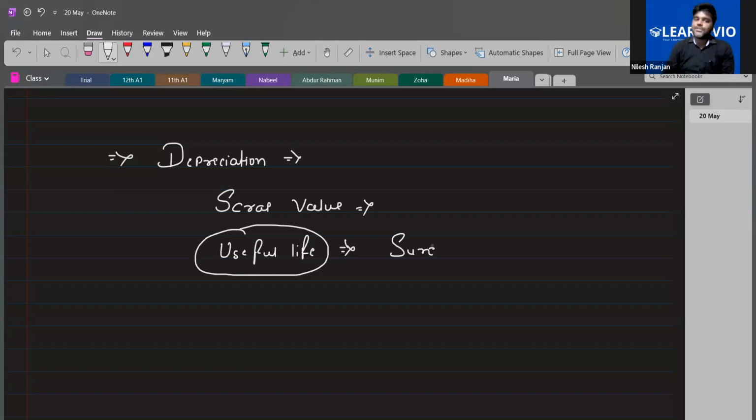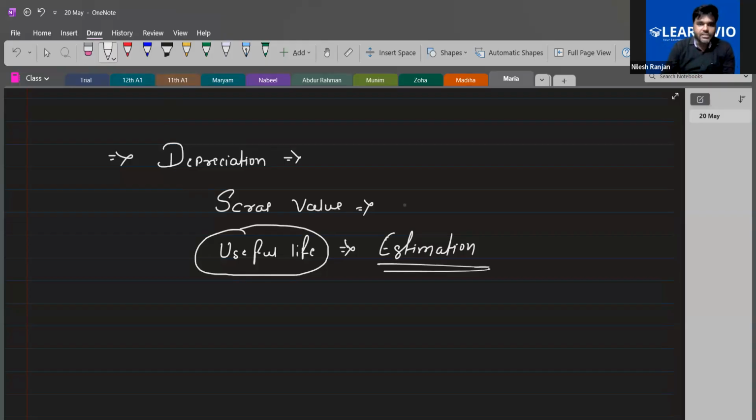So you can see that they have given the guarantee of 6 months, then also the bulb is not working. So that is why I'm saying that useful life is just an estimation. You cannot be sure about any asset's life.